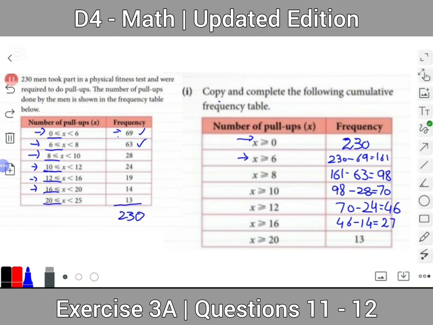Now for the last class interval, more than 20, we will calculate cumulative frequencies from 20 to 25, in other words 13, and we will exclude 69, 63, 28, 24, 19, and so 27 minus 14 gives us the cumulative frequency of 13.